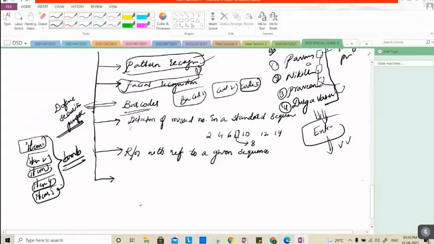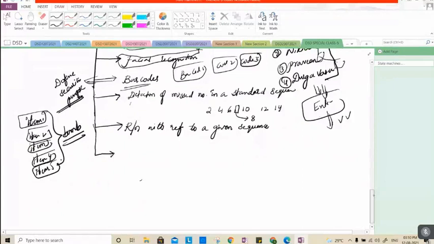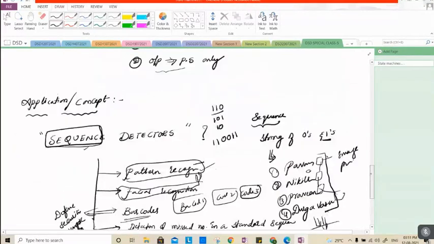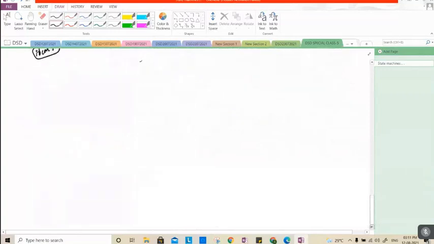The detection of a missing number may be another application, and the relation with reference to a given sequence. Right. These are the things. Now how to write it? Before getting into the larger application, first of all, we'll do sequence detectors with strings of ones and zeros.